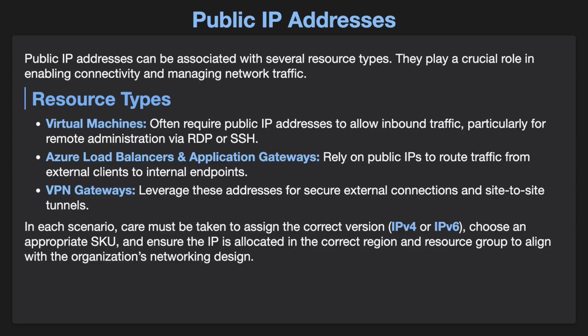Public IP addresses can be associated with several resource types. Virtual machines often require public IP addresses to allow inbound traffic, particularly for remote administration via RDP or SSH. Additionally, Azure load balancers and application gateways rely on public IPs to route traffic from external clients to internal endpoints.